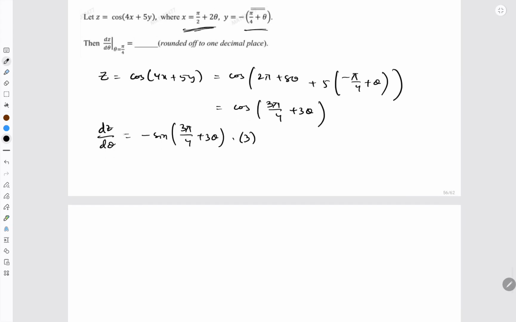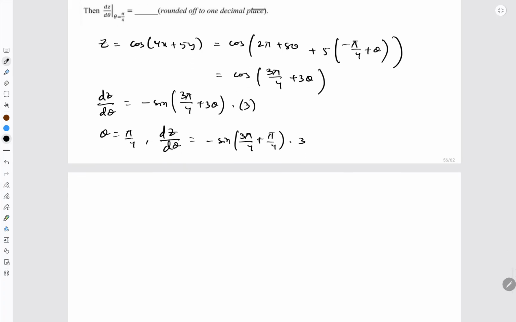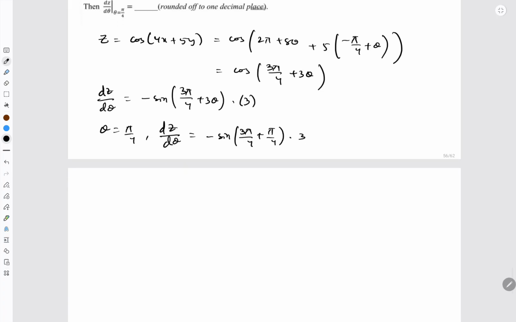Now if I substitute theta as pi by 4, dz by d theta will be minus sine of (3 pi by 4 plus pi by 4) into 3, so it is basically 4 pi by 4, that is sine pi.